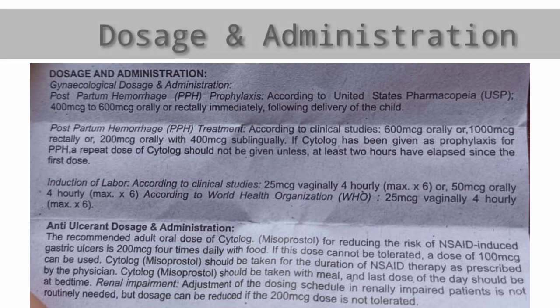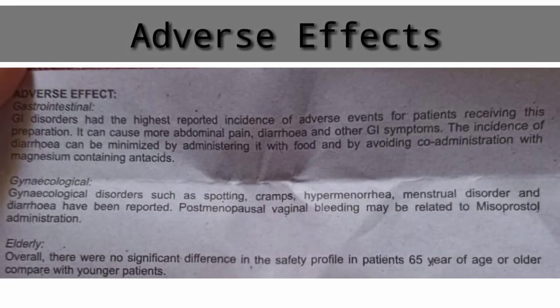Adverse effects. Adverse effects including gastrointestinal, gynecological, and elderly. Gastrointestinal (GI) disorders had the highest reported incidence of adverse events for the patients receiving this preparation. It can cause abdominal pain, diarrhea, and other GI symptoms.